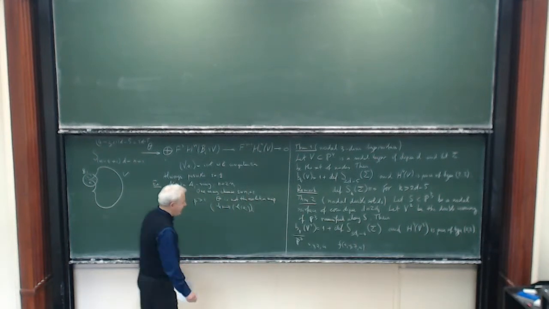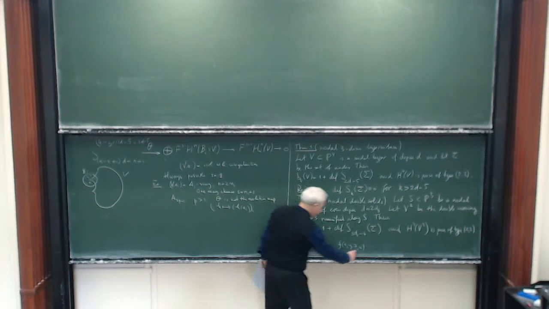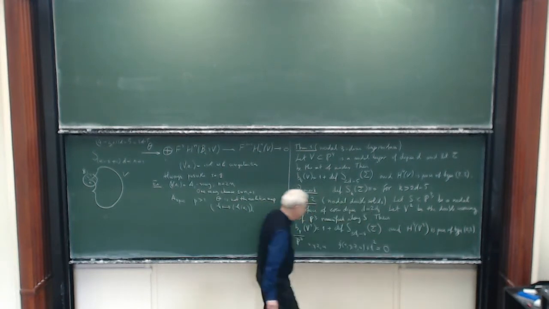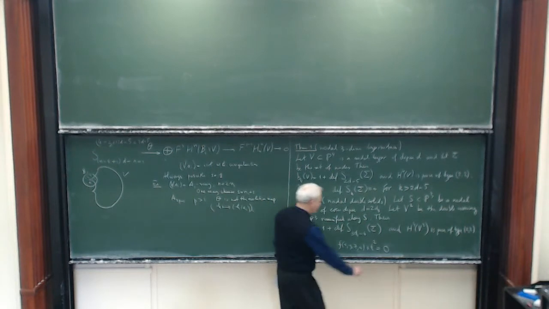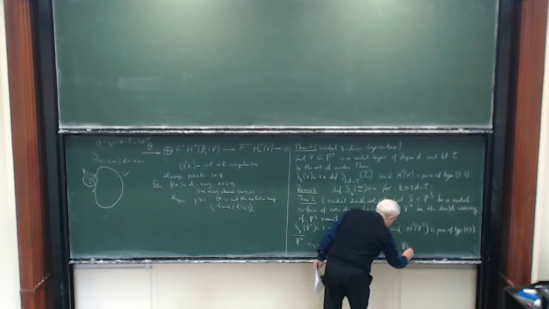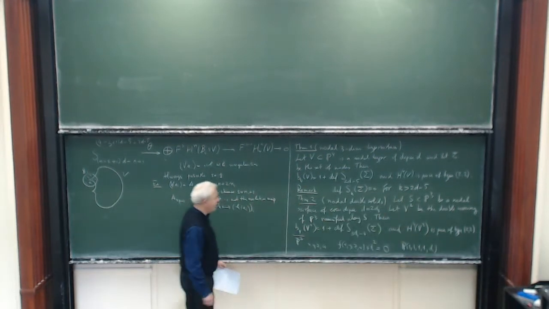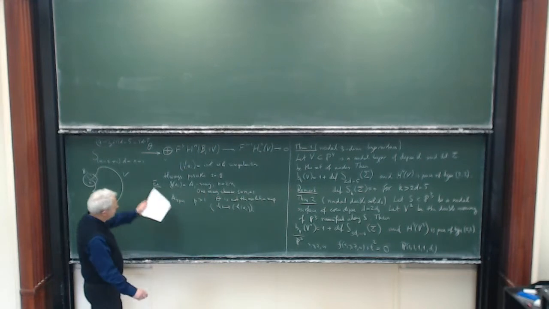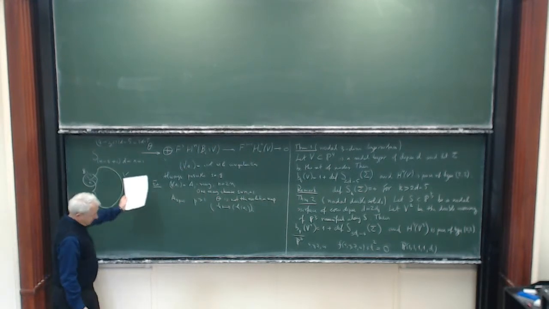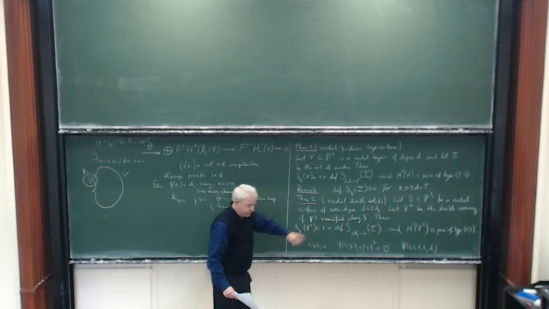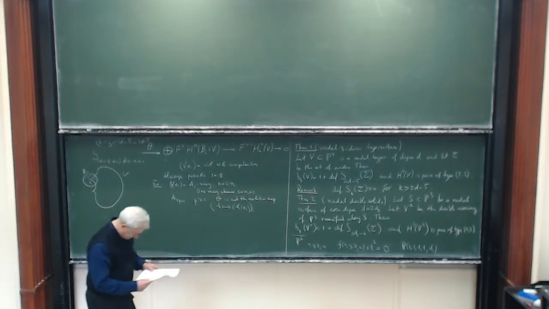And then we can add an extra variable, let's say t power 2, and look at this threefold in the weighted projective space with weights 1, 1, 1, and d1. And then, as I said, our approach works very well for weighted projective spaces, and we can get the same result.